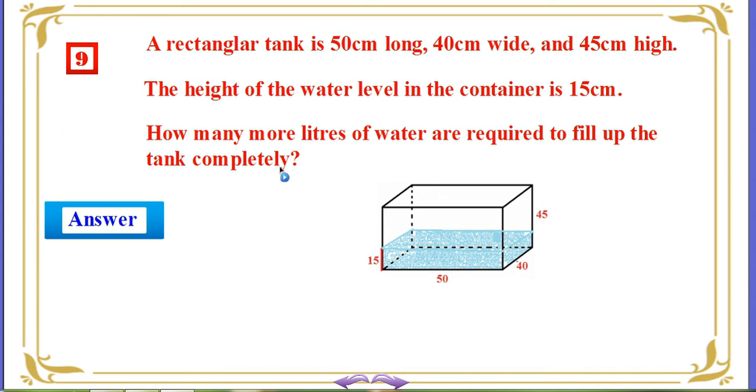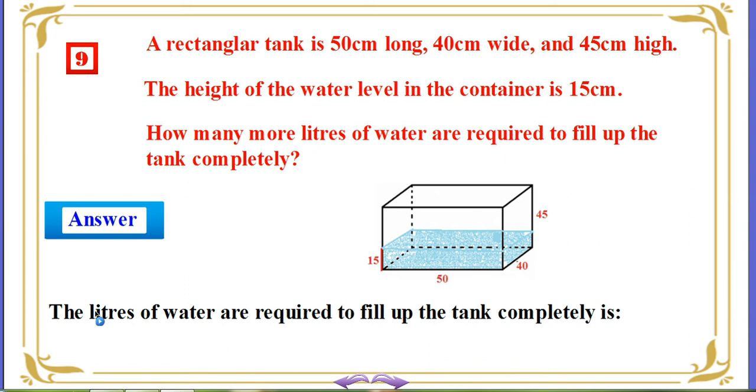Then the answer is, the liters of water required to fill up the tank completely is the volume, which is the length multiplied by the width and multiplied by the height. And remember the height now is 45 subtract 15.